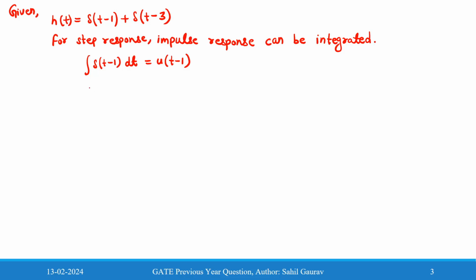And for this impulse function delta(t minus 3), this will give you unit step function.